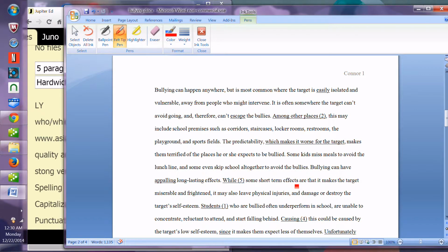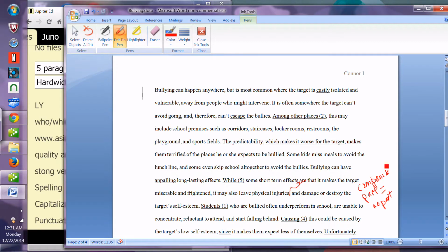While some short-term effects are that it makes the target miserable and frightened, it may also leave physical injuries and damage or destroy the target's self-esteem. Right there, that's another instance. It may leave physical injuries, it may damage, it may destroy. So again, you have compound parts, which means no comma.